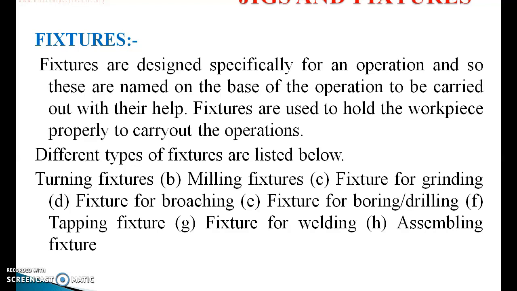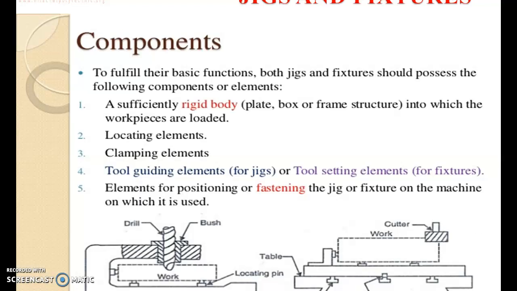The different types of fixtures we are using are turning fixture, milling fixture, boring fixture, drilling fixture, tapping fixture, assembling fixture, etc. In this slide you can find the picture of a fixture and here the picture of a jig.